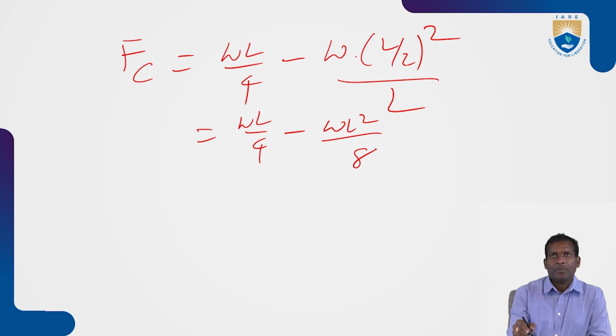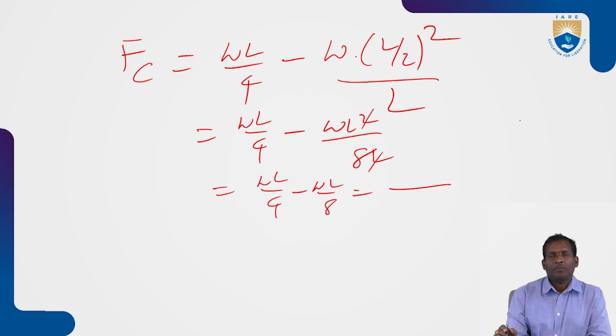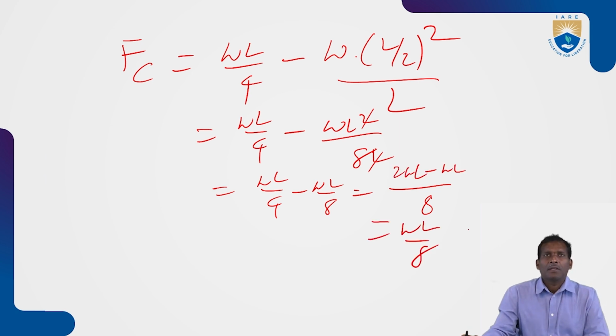WL square by 4 and 8L, so the L's get cancelled. WL by 4 minus WL by 8. So here take LCM. 8 is the LCM, 2 WL minus WL. So finally we will get WL by 8.